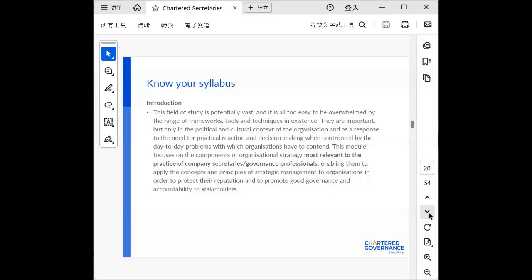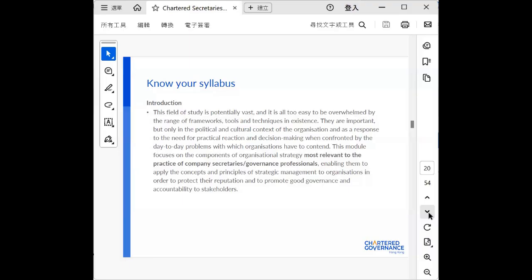As a response to the need of practical reactions and decision making when confronted by the day-to-day problems which a company has to contend with. So what they are saying in here is that you have to apply those various frameworks, tools, and techniques to the day-to-day problem. So it is a practical module in that they focus on the application of these various techniques and tools to the day-to-day problem.